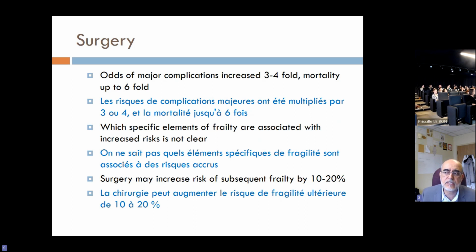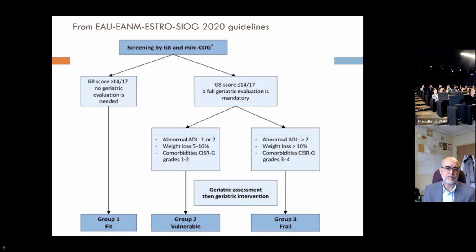Now, we know that the risk of death with radical prostatectomy in general is under 1%, but a 6-fold increase is significant. Which particular elements of frailty are associated with these risks is not very clear right now. We also know, but this is based on very limited data, that surgery may increase subsequent frailty in people who are not frail by 10 to 20%, but the data here are quite limited.